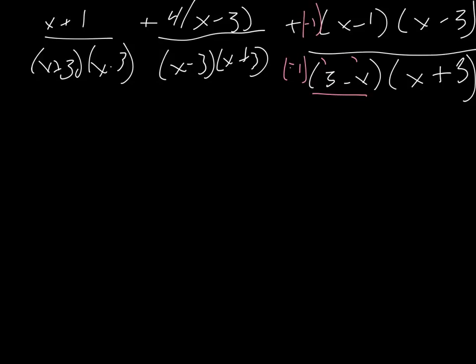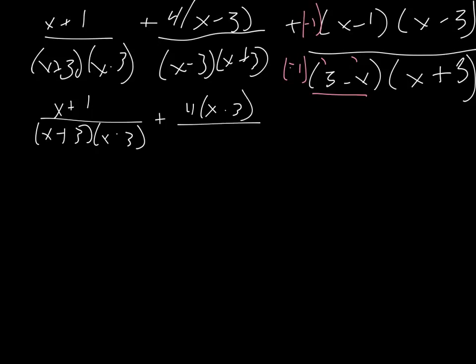So I would have x plus 1 over x plus 3, x minus 3, plus 4 times x minus 3 over x plus 3. And then here at the top I've got a minus times a plus, I can just call that a minus.